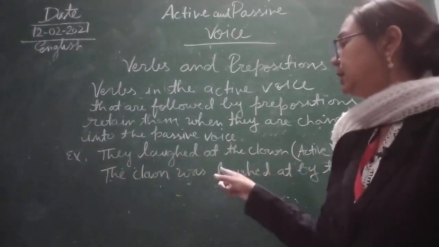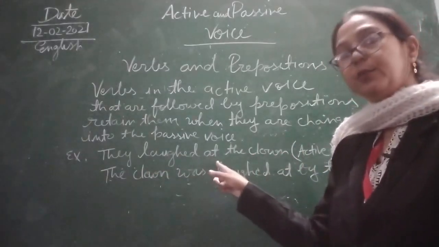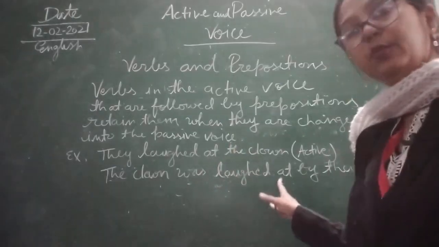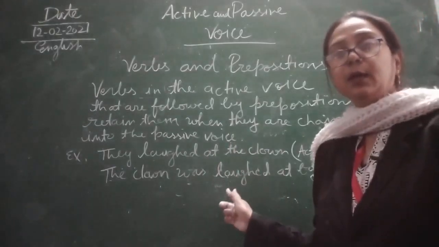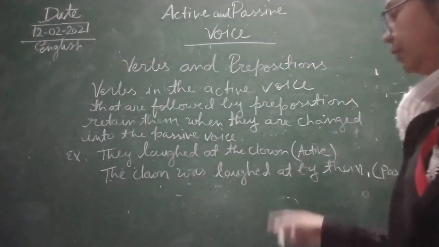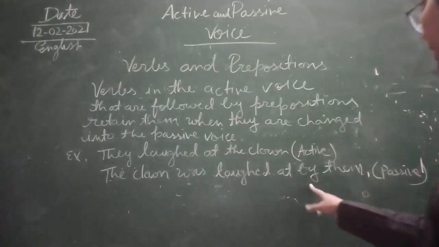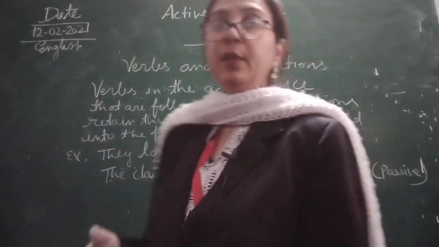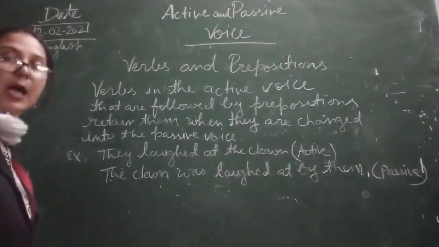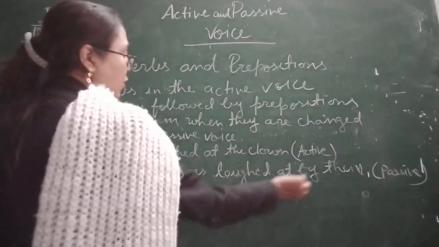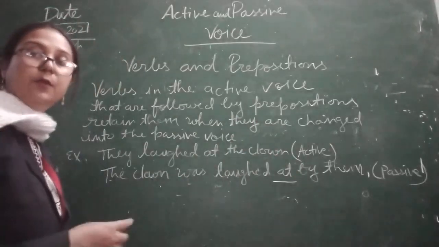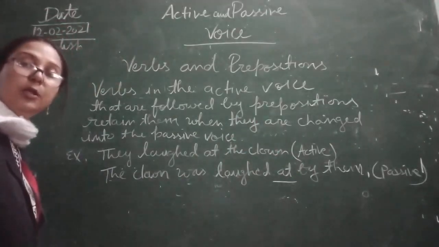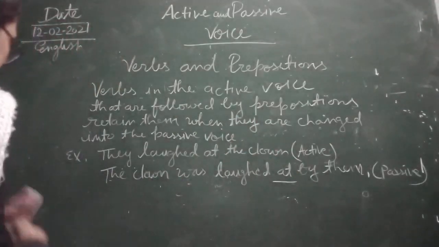Now we have to retain the same in the passive voice. So, the clown was laughed at by them. By we will use, but we have to retain this "at" also because it is followed by the verb. So that is why we will use this.